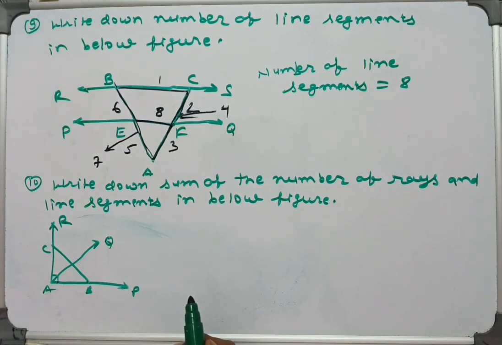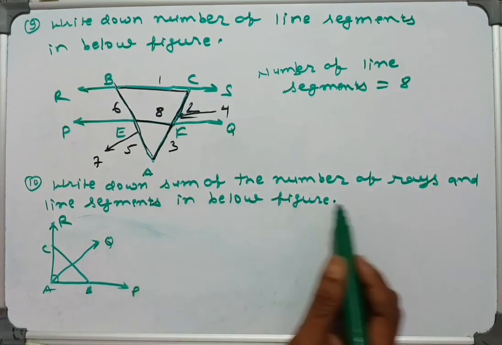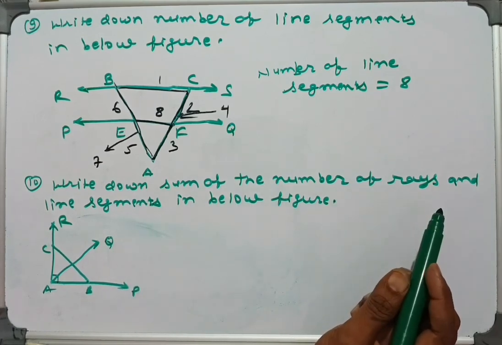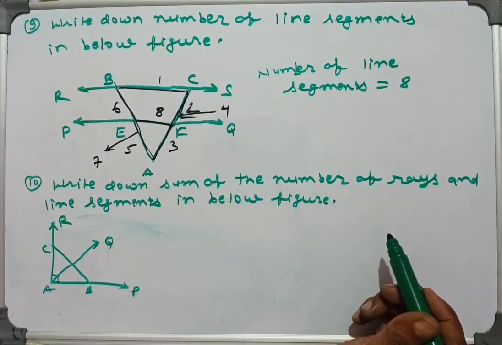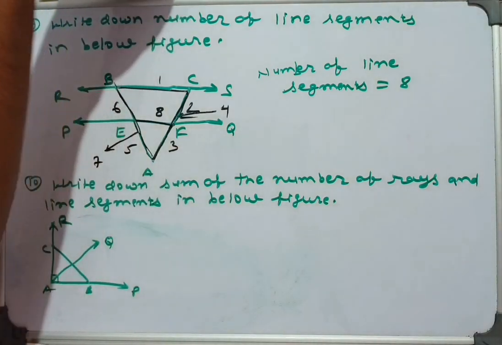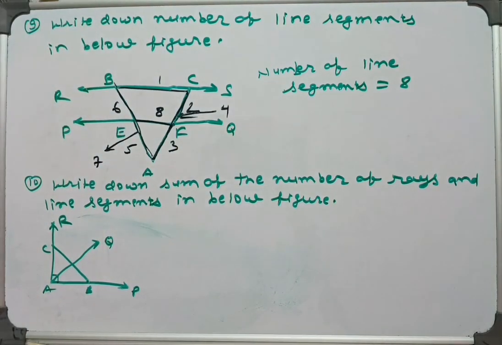Okay, now the question is asking how many rays are in the below figure. So the number of rays in this figure is equal to, see, BP is an example of a ray, this one first, then AP is also an example of a ray, second one.